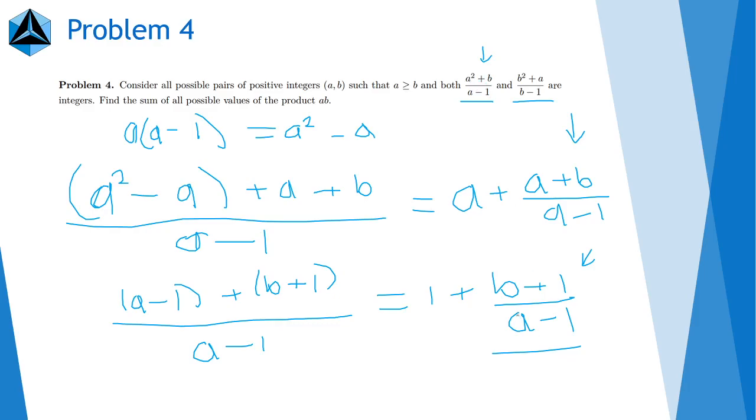So now, moving on, the first fraction simplifies down to (b plus 1) over (a minus 1), and we want to make this an integer. The other fraction simplifies down to (a plus 1) over (b minus 1). So we want to make these both integers.